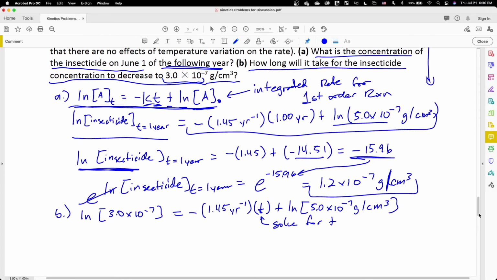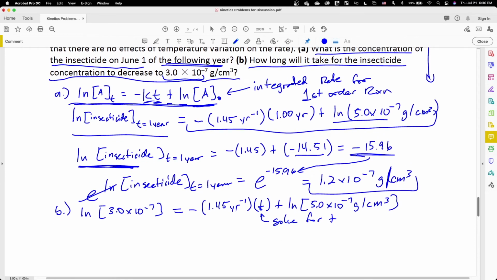I'm going to move it down just a little bit so I can do this math now. This one's pretty easy because all you have to do is solve for t. First thing I would do is subtract from both sides the ln of the initial concentration.